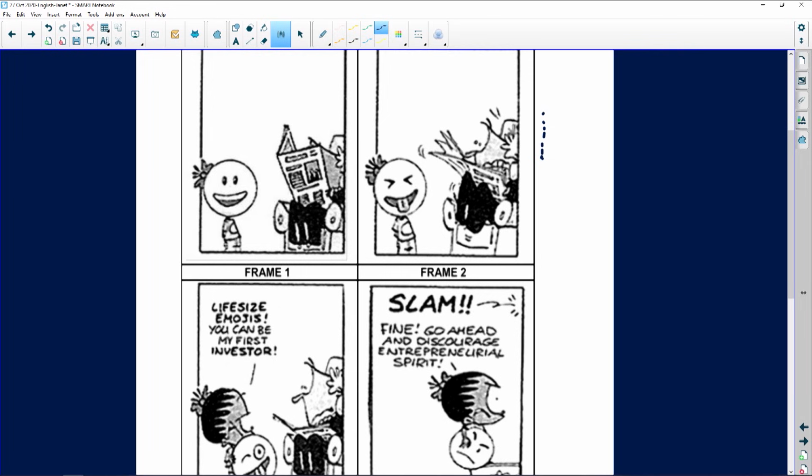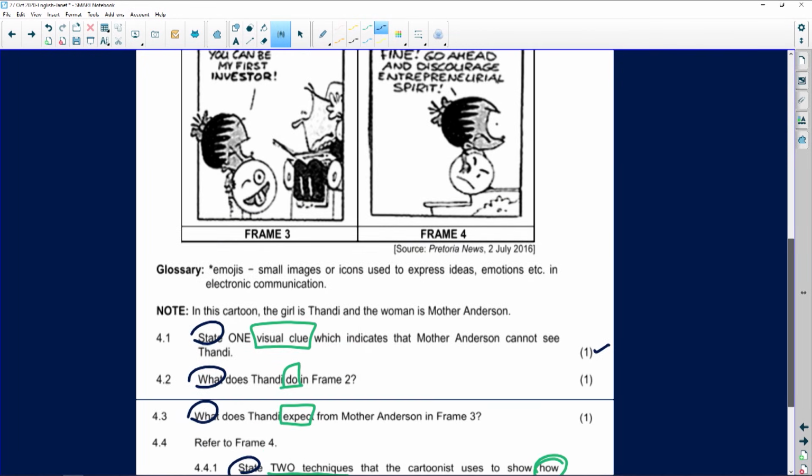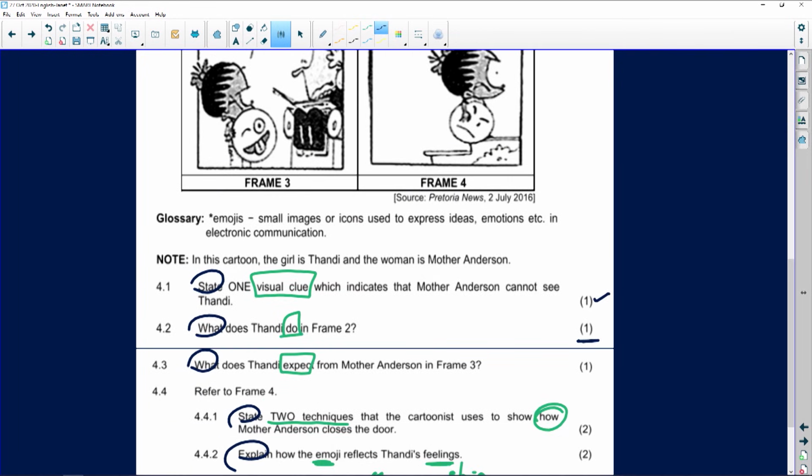Her eyes have become enormous. The newspaper looks as if she's shaken it, so she's got a shock. The lines here indicate movement, so she's jumped. So there's a sense that she's given her a shock of some kind. So what has she done?